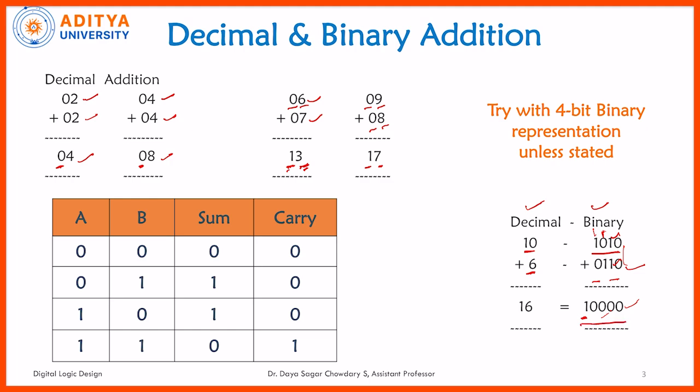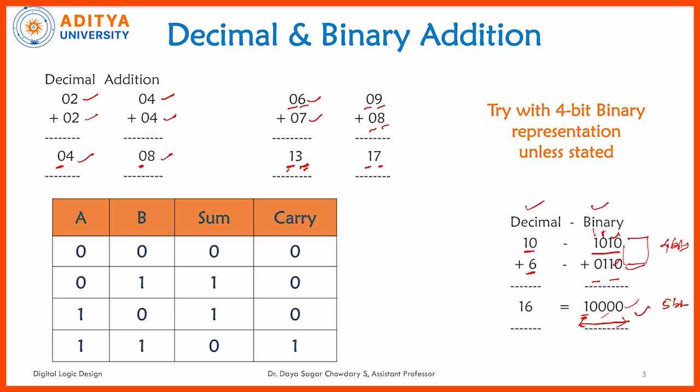So the entire result is not 4 bits but 5 bits. That means one more bit is added. The two inputs are 4-bit representations, but the output is a 5-bit representation.